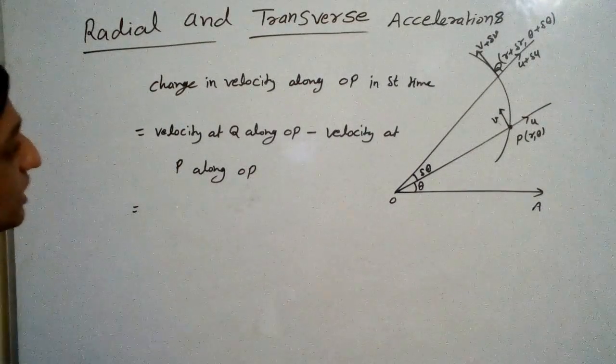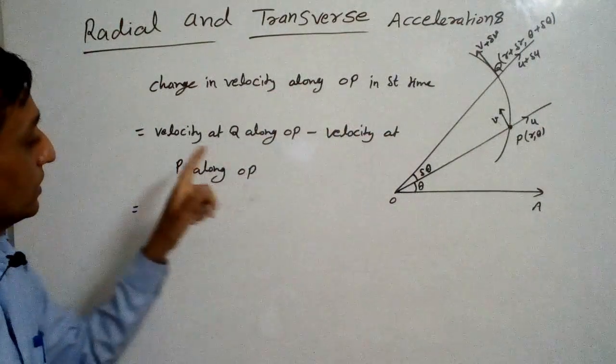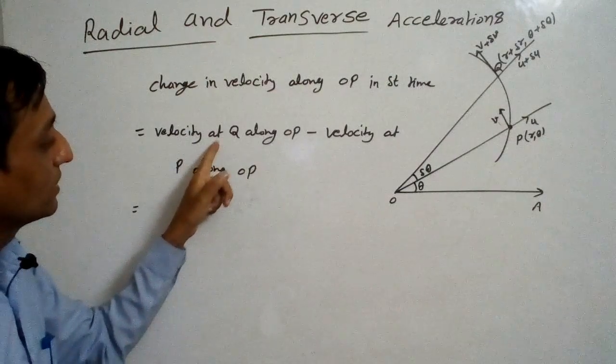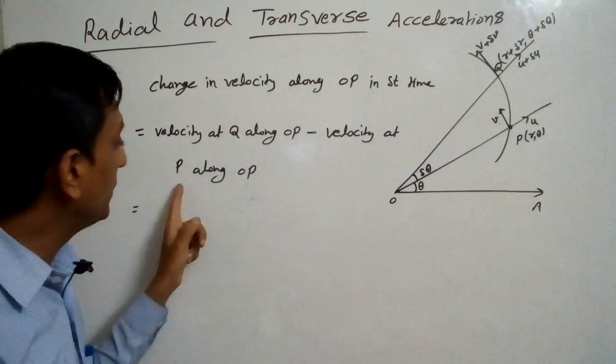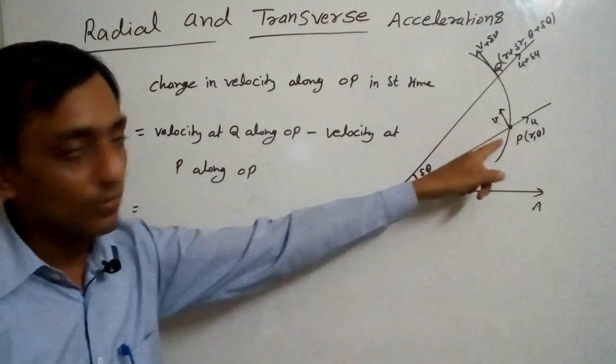Okay, so what is the change in velocity along OP? The velocity at Q along OP, the final point, minus the velocity at P along OP, the initial point.